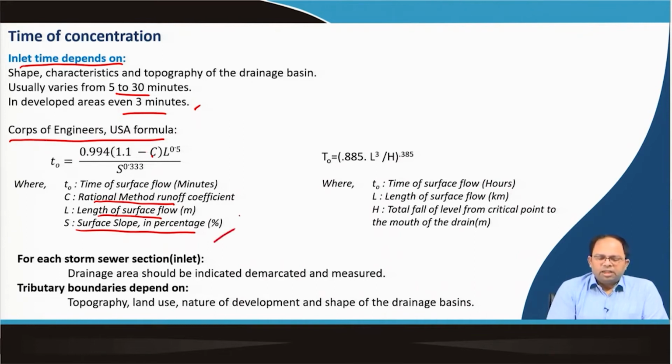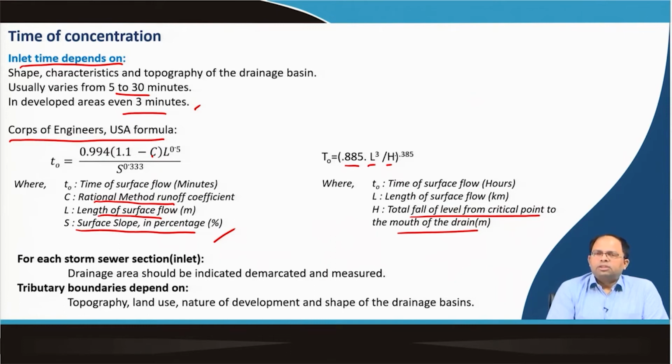So, this is one formula that you can use to determine the overland flow, or you can use this formula as well, where T0 is equal to 0.885 into L cubed divided by H, all to the power 0.385. H is the total fall of level from the critical point to the mouth of the drain, so that is the difference in height, and L is the distance.